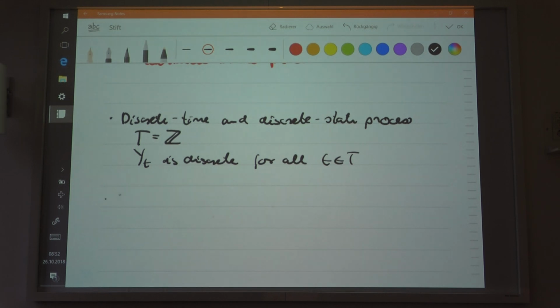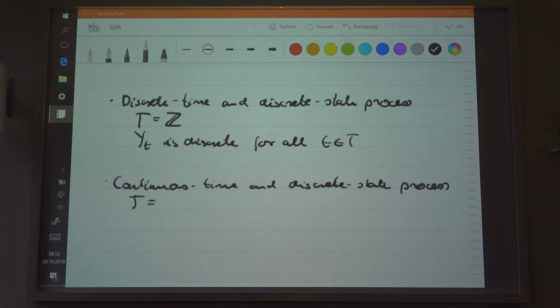Then we're going to look at the continuous-time and discrete-state process. Here the time is equal to R, and the random variables are still discrete, for all t, that's for certain.